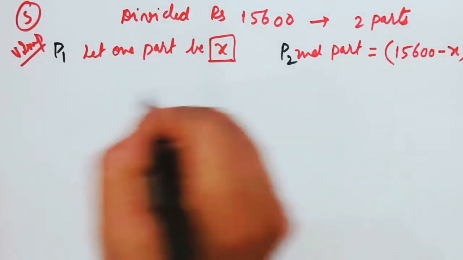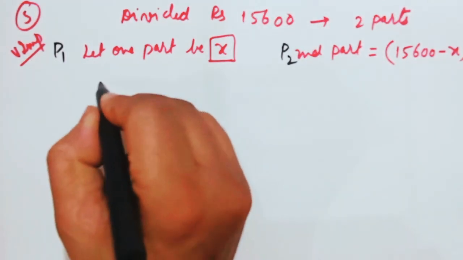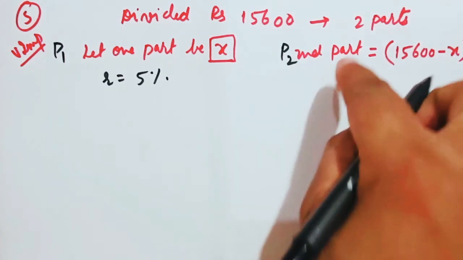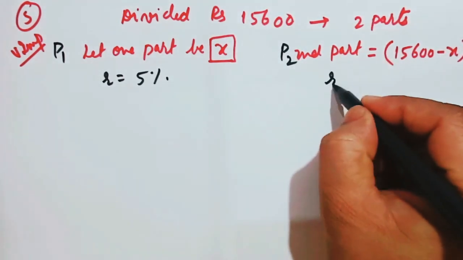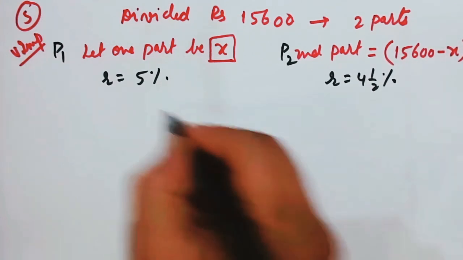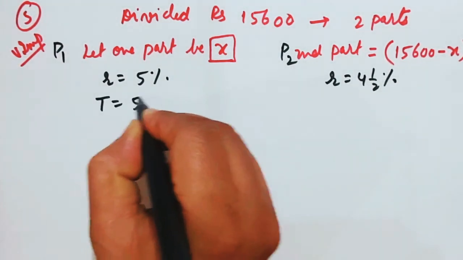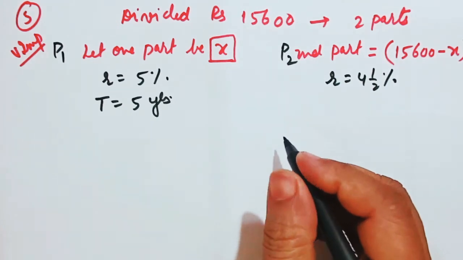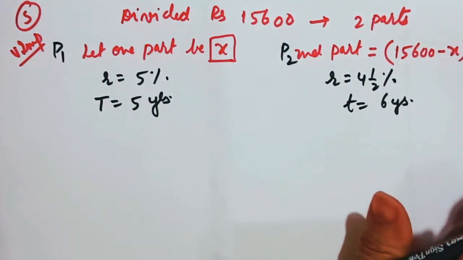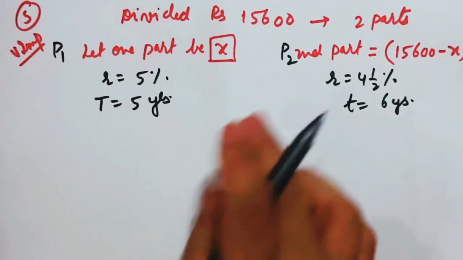Here in this part they are saying that a rate is equal to 5%, and here they have given you a rate as 4.5%. Here they have given you time as 5 years, and here time as 6 years. देखो भाई सिंपल बात है. अब now let me see.